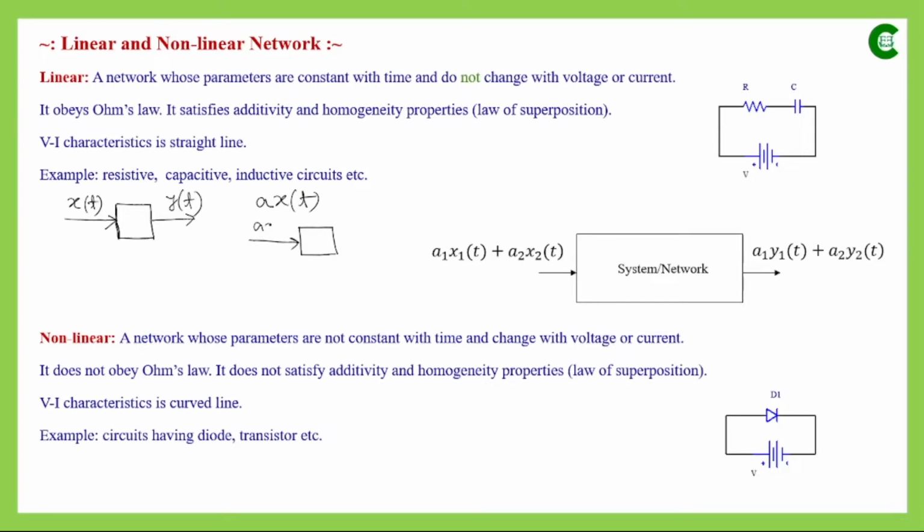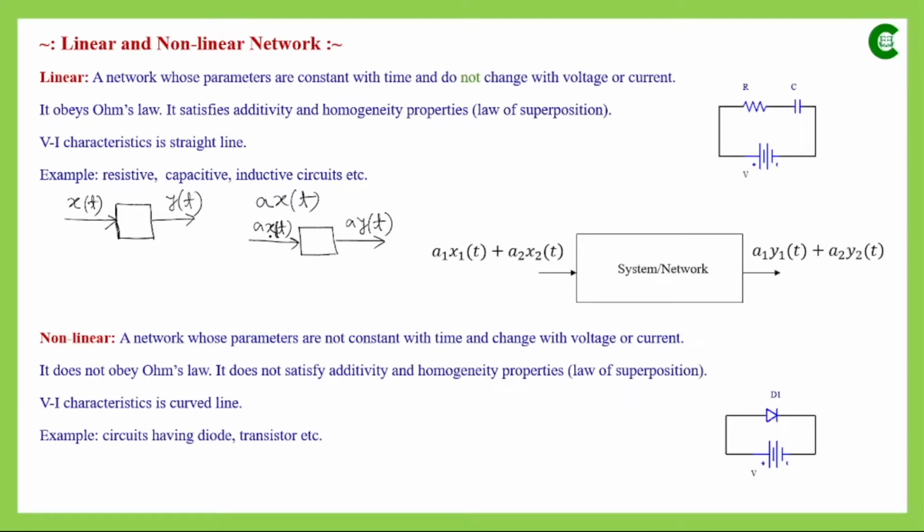If we send that new input to the network and get a·y(t) as output, then we can say that this network is obeying the homogeneity property.